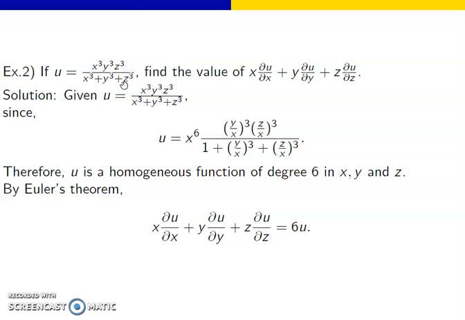Whatever the power of t is, after calculation you will get the degree. So if I put x equal to xt, y equal to yt and z equal to zt in this, easily we can see the power of t will be 6. So the degree is 6. This is the alternate method to find out the degree of homogeneous functions.